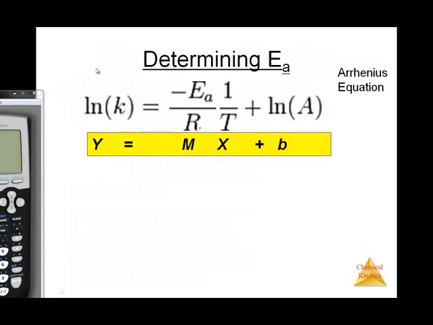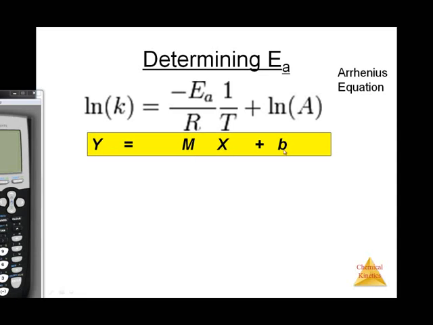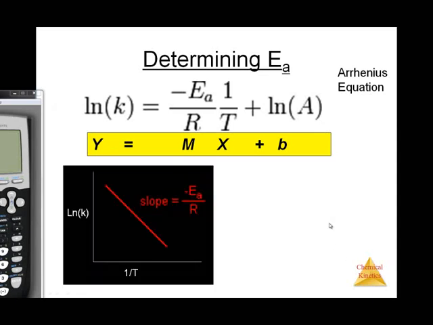And the nice thing about this, just like we've seen in other things in this unit, is it fits into the form of y equals mx plus b, where y is the log of k, the slope is the activation energy over R, x is 1 over T, and of course log of A would be my b. Okay, so if I plot my x, which is 1 over T, and my log of k is my y, I get a straight line.